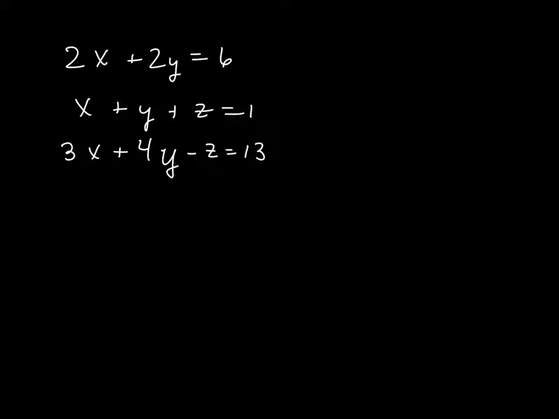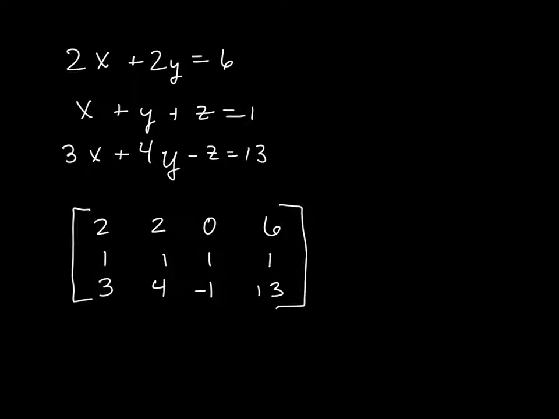So to set up this matrix, you just take all of your different coefficients. Now remember, for the first one, that's going to be 2, 2. There is no z value, so that will be 0, and 6. The second equation gives me 1, 1, 1, and 1. And the third equation gives me 3, 4, -1, and 13.